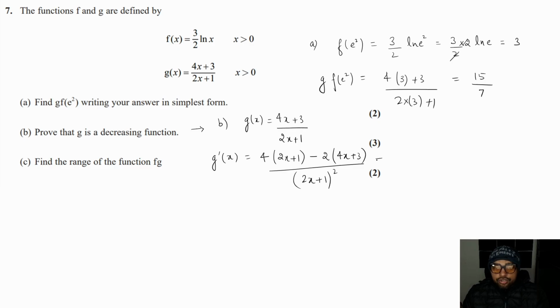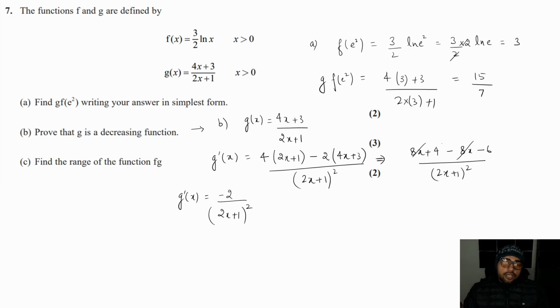We have applied the quotient rule here, student, for the differentiation. So here what we'll get is 8x plus 4 minus 8x minus 6 upon (2x plus 1) whole square. On further calculating, we'll get g prime of x equals 4 minus 6. So the 8x value got cancelled, and we'll get negative 2 by (2x plus 1) whole square.